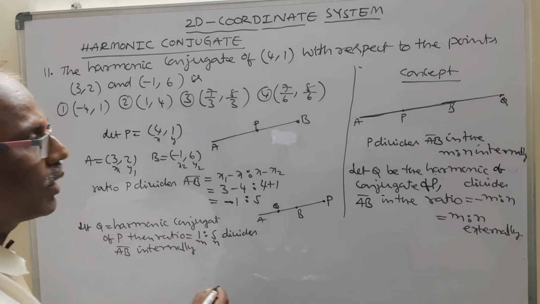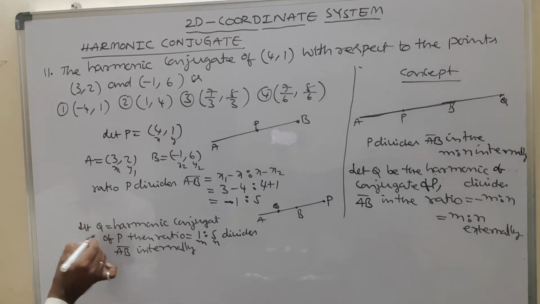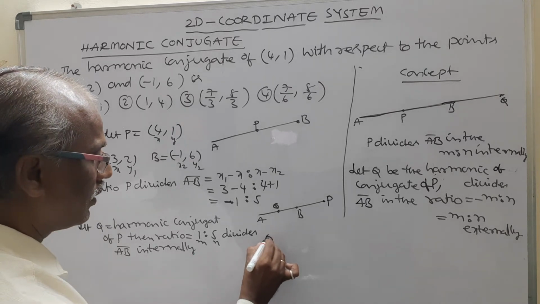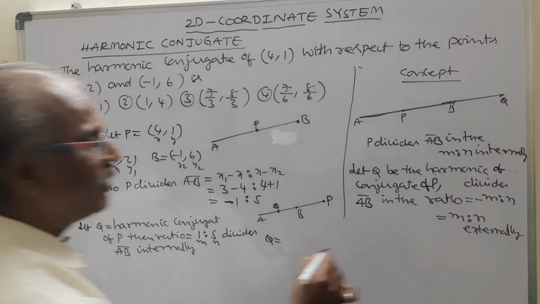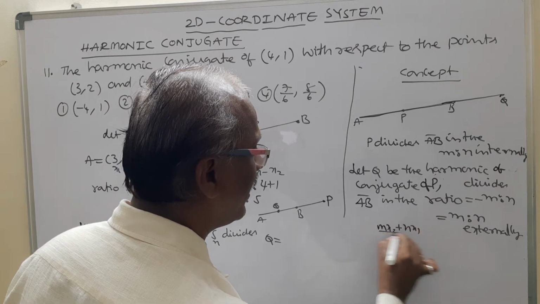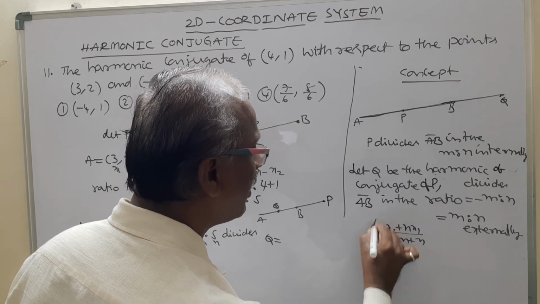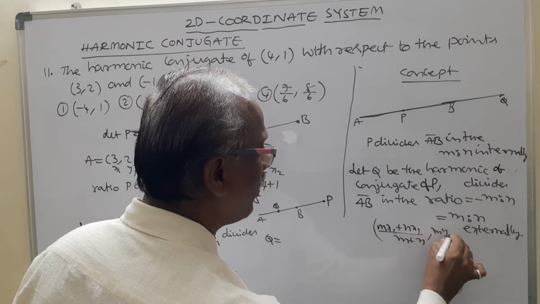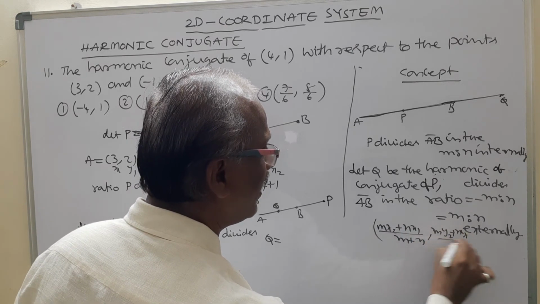To find the harmonic conjugate point Q, apply the internal formula: (mx2 plus nx1) by (m plus n), comma, (my2 plus ny1) by (m plus n).